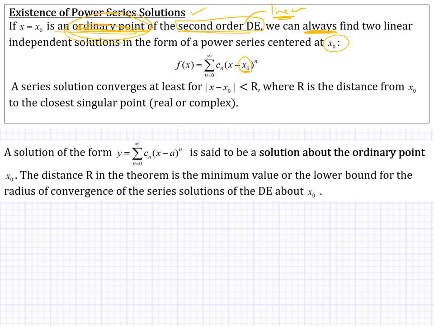Now, this last piece, a series solution converges, at least for the absolute value of x minus x sub 0 less than r, where r is the distance from x sub 0 to the closest singular point. All that's telling you is that this function, which is the power series function that's solving the differential equation, can only solve the differential equation if it exists.